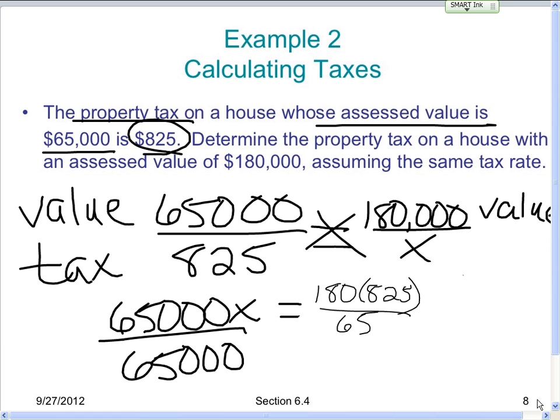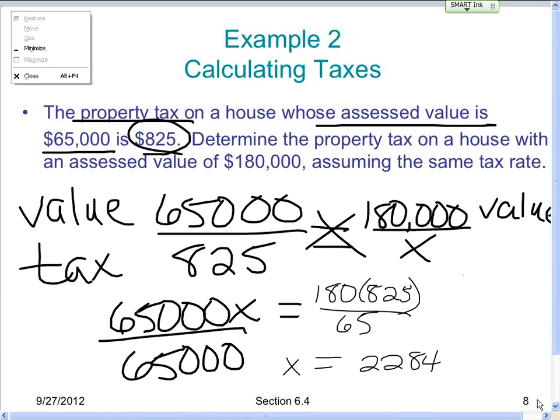So you end up with, let's see if we can get an x value here. As I multiply 180, oops, clear, 180 times, oh, my calculator isn't working for me here. 180 times 825 divided by 65 gives us $22,084.